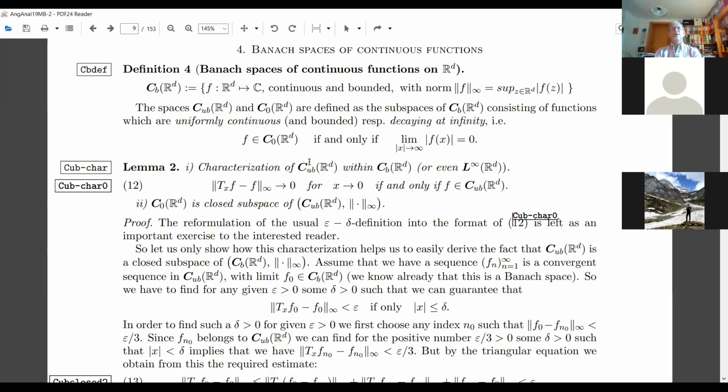So if you take a limit of uniformly bounded continuous functions, then we'll also have this property. And if you even multiply two uniformly continuous functions, it will be uniformly continuous. That's not so surprising, actually, because you, of course, remember that if you take a continuous function and you multiply with another continuous function, it's a continuous function.